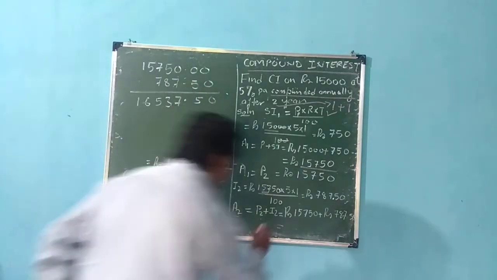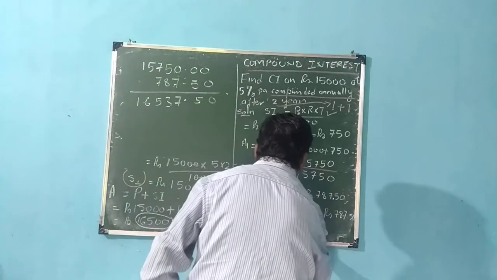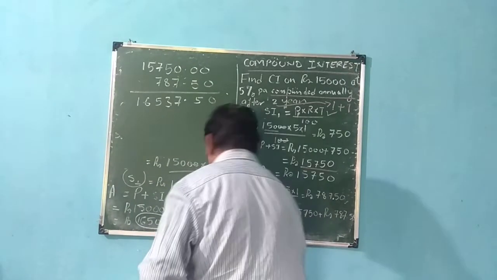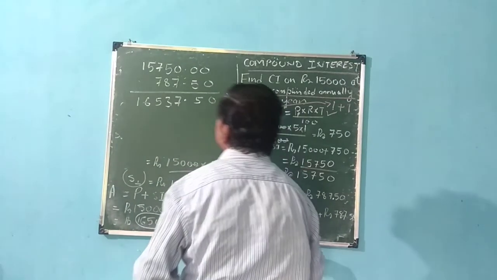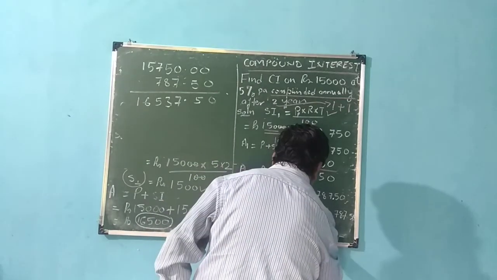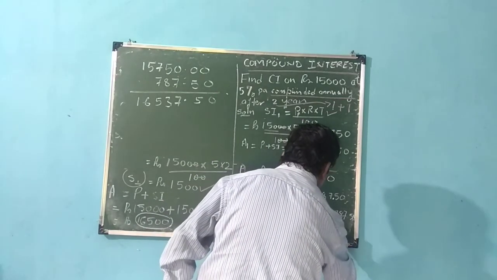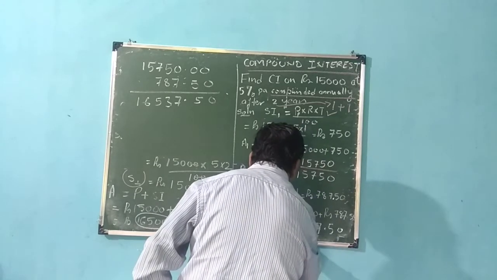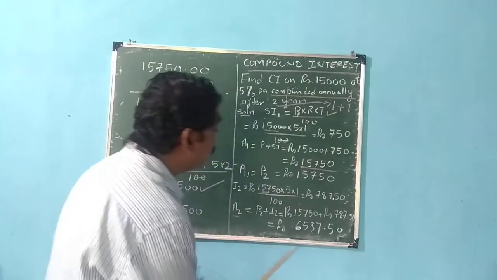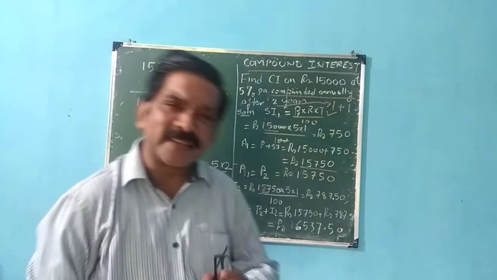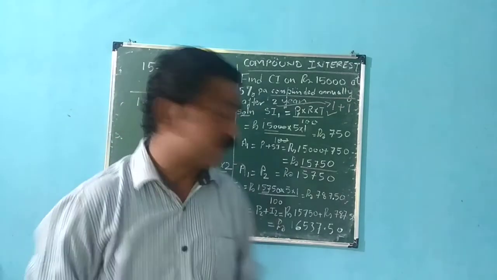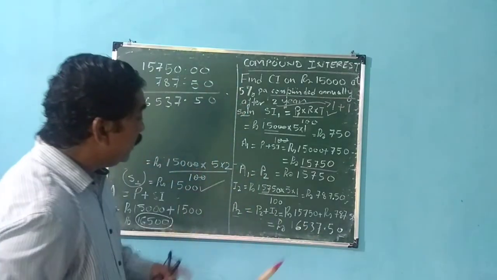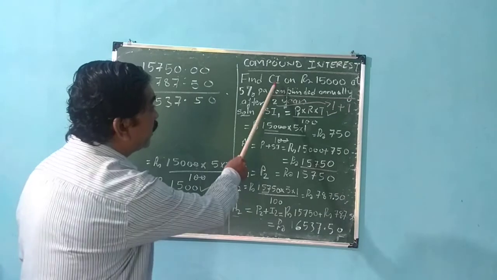That is this amount. This is the amount at the end of the 2 years, or let us say the amount after 2 years. Clear?